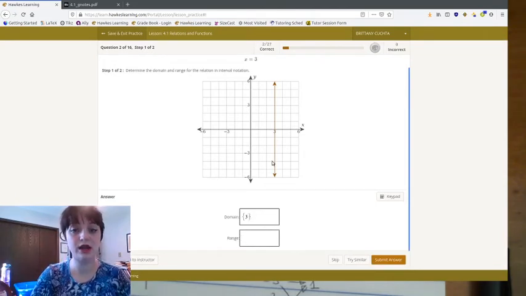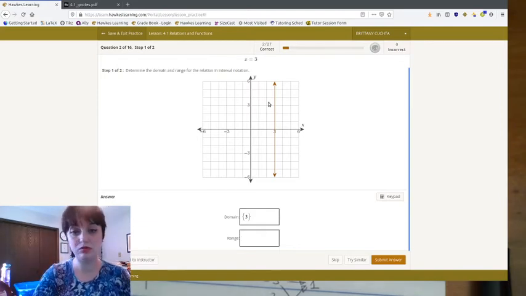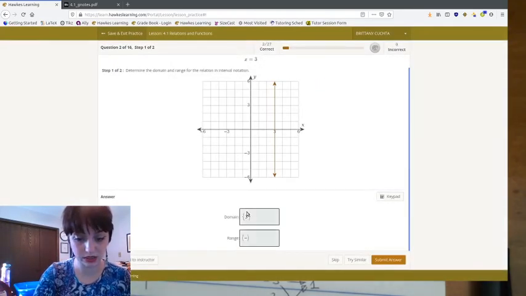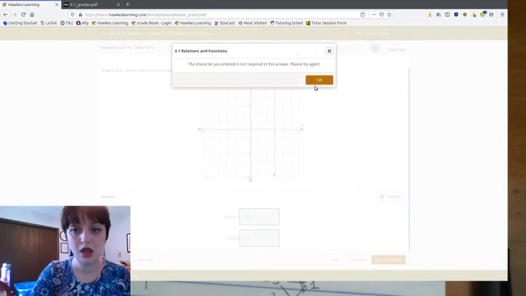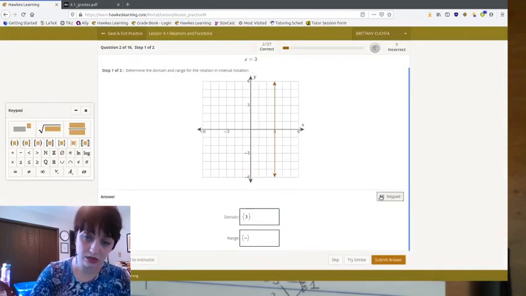For my range, I've got these arrows, and that means go on forever and ever, right? So if the arrows go up to positive infinity and down to negative infinity for my y's, that means my range is all of the y's from negative to positive infinity.